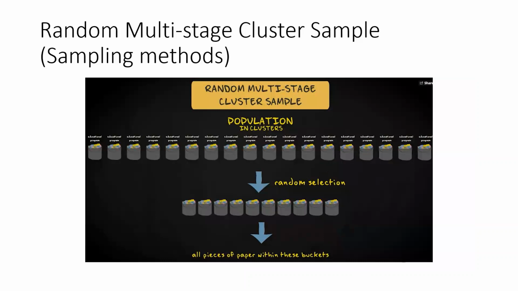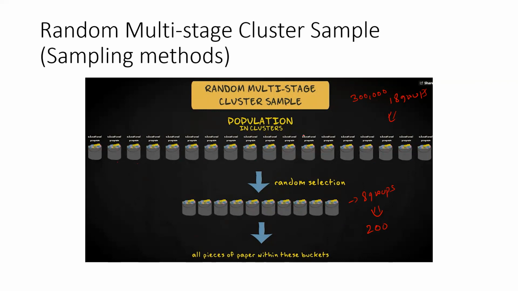Second one is random multi-stage cluster sample, where we have clusters. Let's say my 300,000 students are divided into 18 groups, and from the 18 groups we randomly pick 8 groups, so that my data is around 200, right?